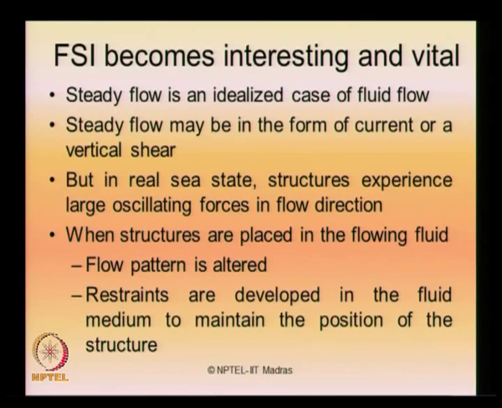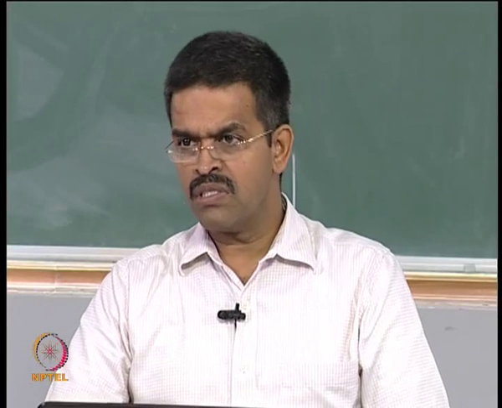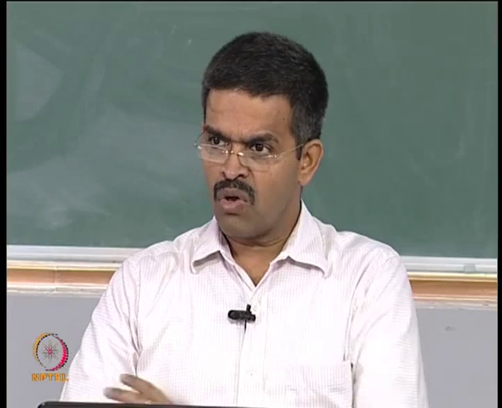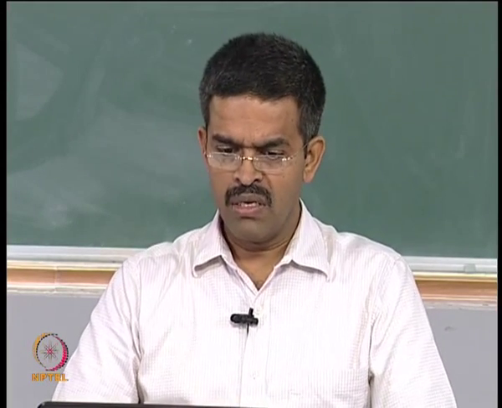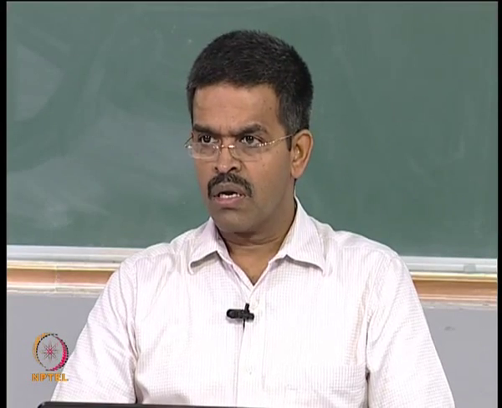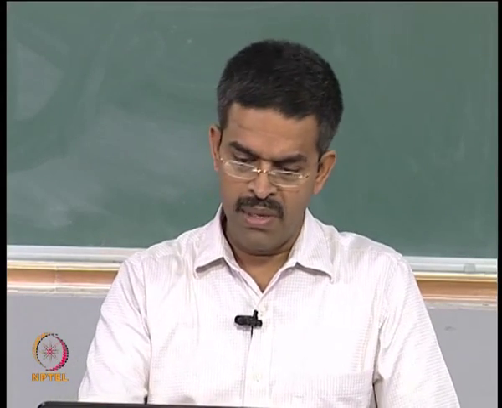So the structure offers restraint to this disturbance. So there are two kinds of reaction you can explore in an FSI domain. One is the fluid flow is altered significantly. Second, the structure which is offering response or internal resistance to this fluid flow alteration also creates complexity to the FSI behavior.